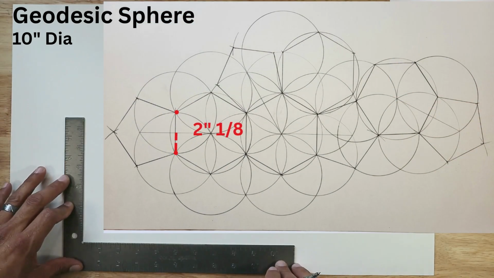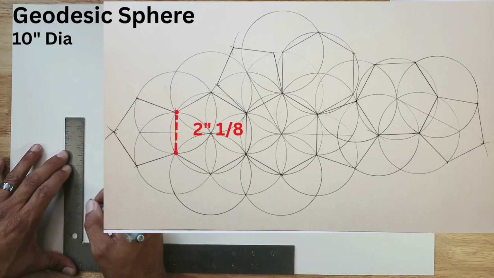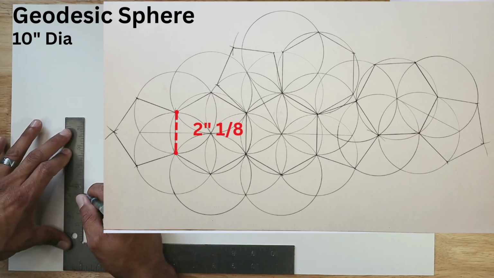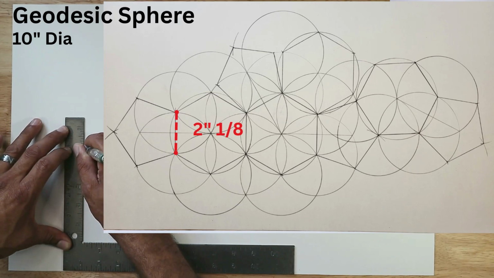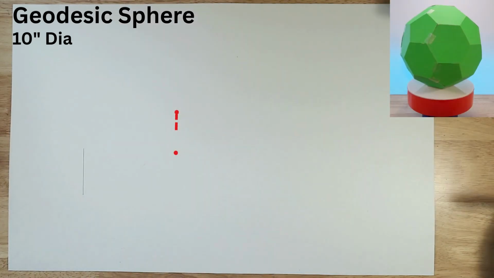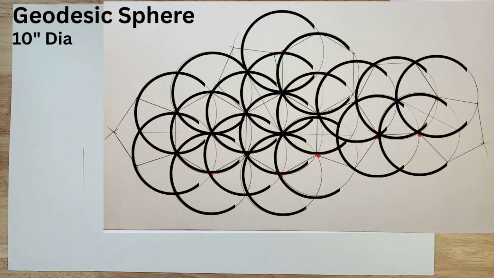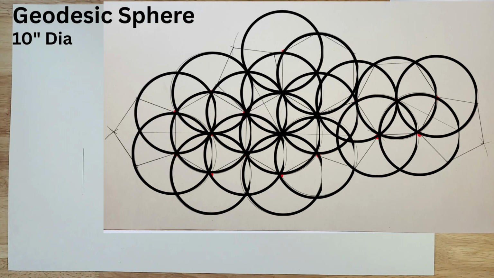Alright, so let's begin. Let's start off by making a 2-inch and 1/8 vertical line. And we're going to be making this geodesic sphere by just making a whole bunch of circles.